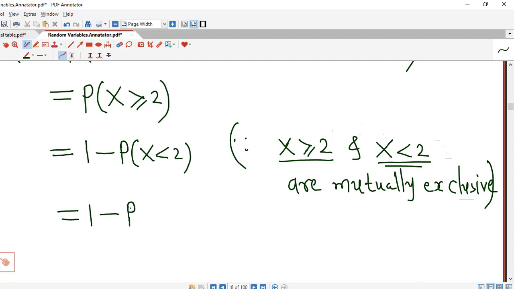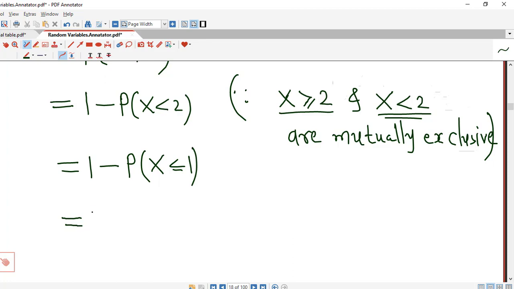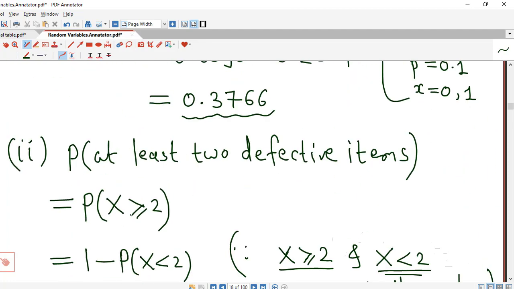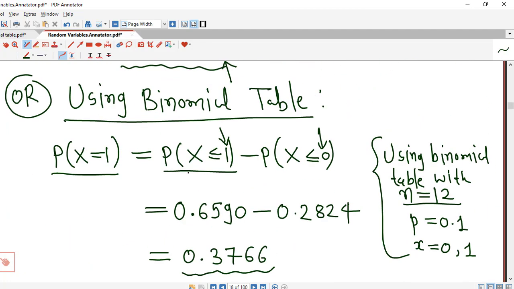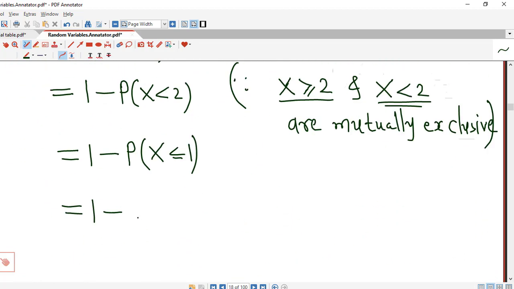Now here x is a discrete random variable, so x less than 2 is equivalent to the probability that x is less than or equal to 1, which we have already calculated, 0.6590. So we can directly put that probability here, 0.6590, and this is going to be 0.3410.